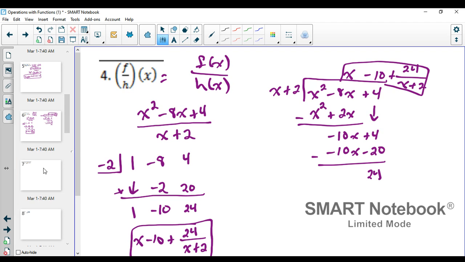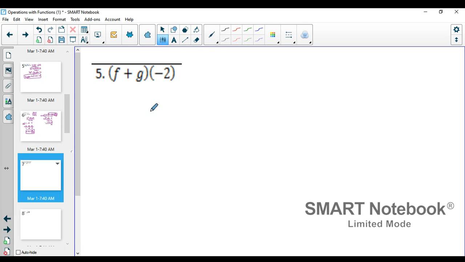All right, so for number 5, now we have numbers involved. Okay, so what this means is instead of leaving it in terms of x, we're going to have a single digit answer. So this becomes f of negative 2 plus g of negative 2.